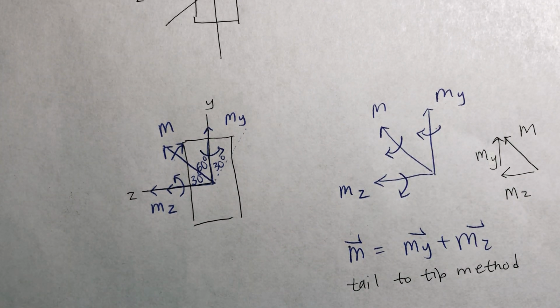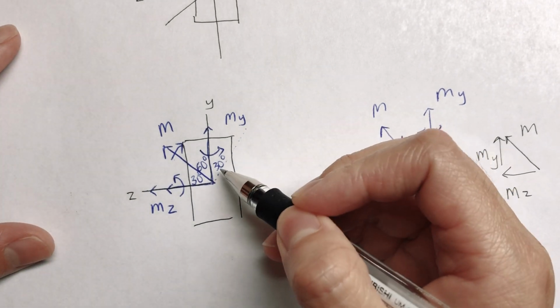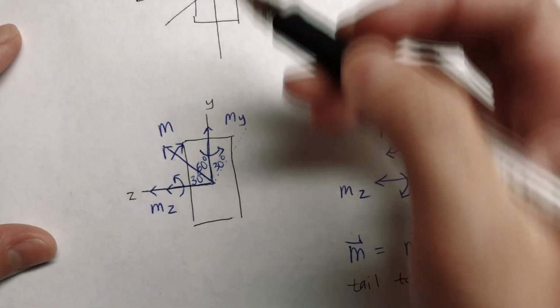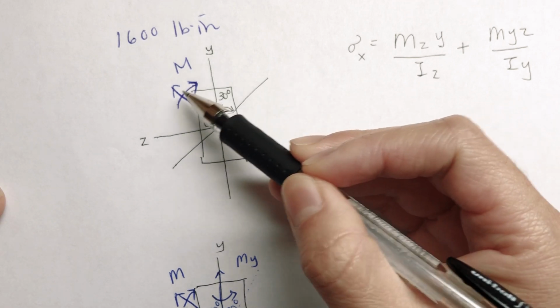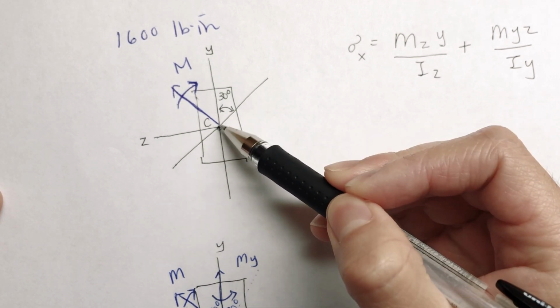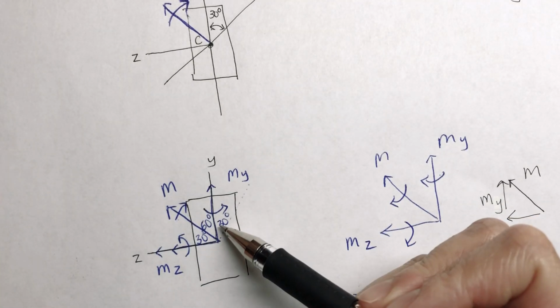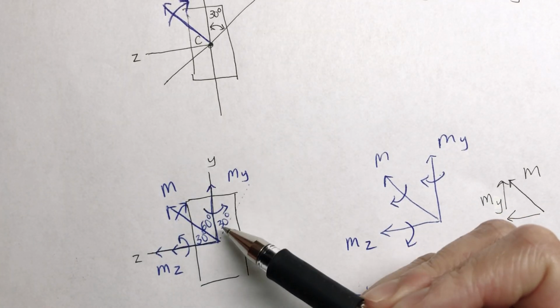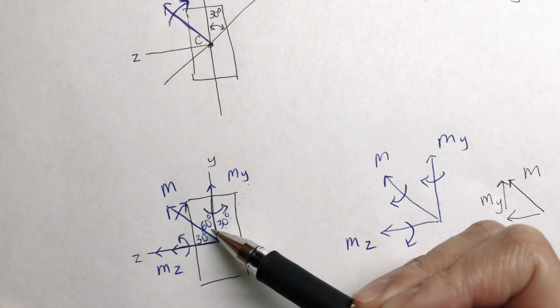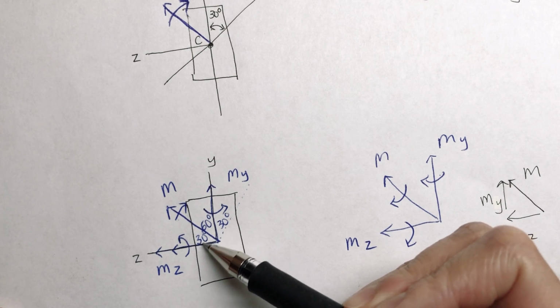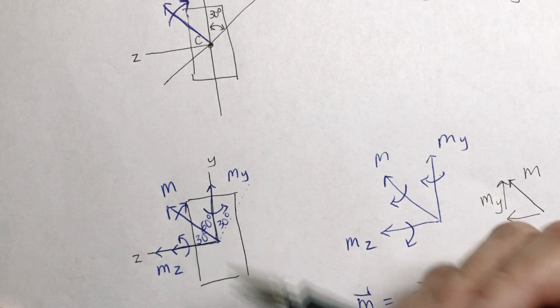Okay, so slide 16, the moment about the z-axis is M cosine theta. The moment is going along this 30 degree plane, and the moment vector is perpendicular to that plane. So this is 30 degrees from the vertical. This angle will be 60 degrees because these two added together is 90 degrees, which means this angle is 30 degrees because these two angles added together are 90 degrees.